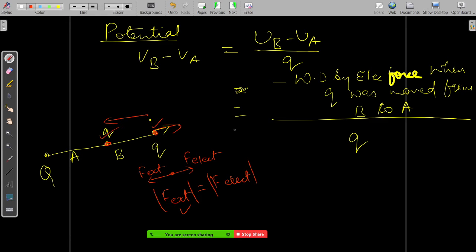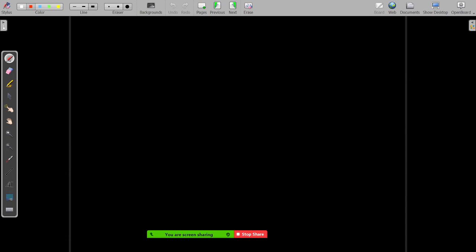Now the thing is, the electrostatic force is already existing there between the two charges.